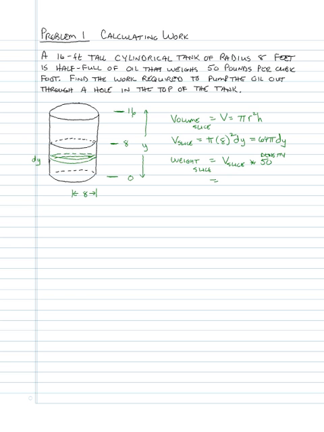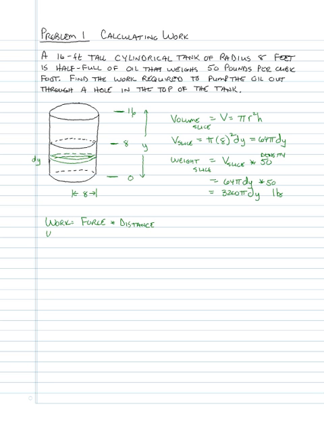And so we see that the weight of the slice is 64 pi dy times 50, which of course comes to 3,200 pi dy, and that's measured in pounds. Now, back from what we were doing earlier, in general, work is force times distance. So here we have some thinking to do. Force times distance.